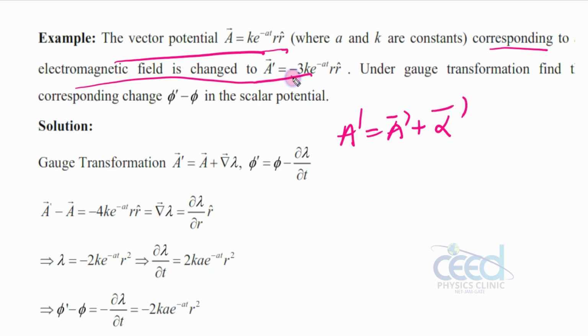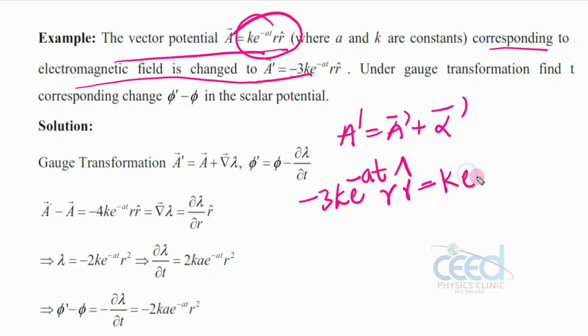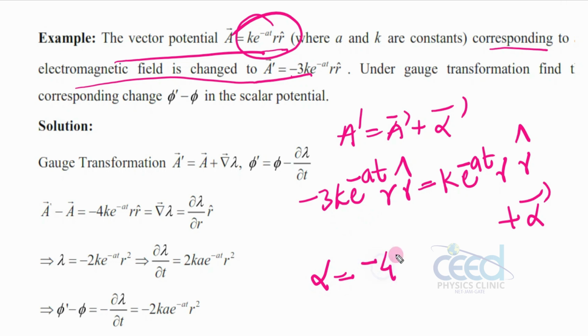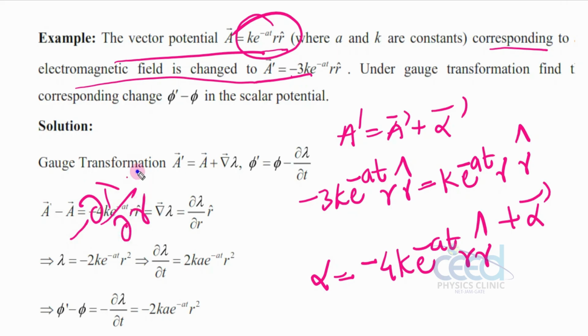A dash is given as minus 3k e^(-at) r cap, equal to what is A value, k e^(-at) r cap, plus alpha. Then what is alpha? Alpha is equal to this, minus 4k e^(-at) r cap.